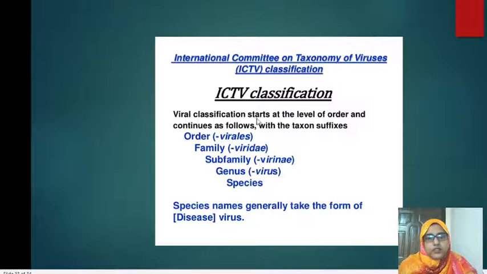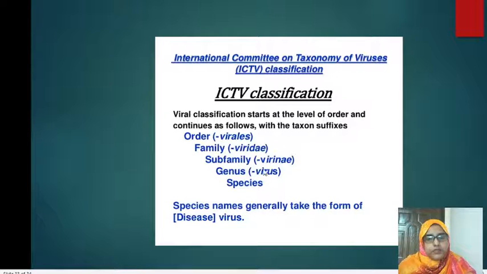Viral classification starts at the level of order and continues as follows with the taxon suffix. Order is virales. Whatever the name is, we will add virales after that word. Family, whatever the word is, we will add viridae.